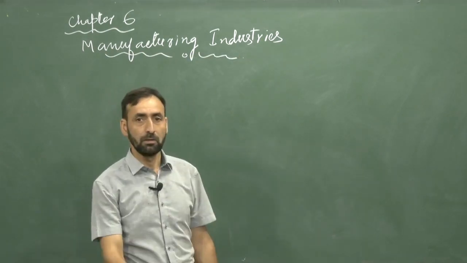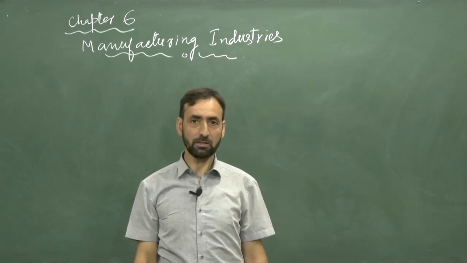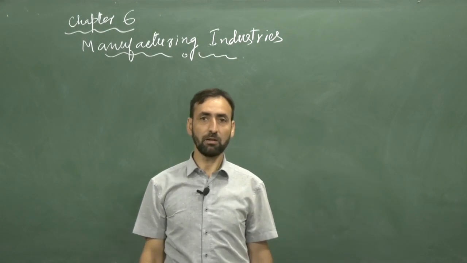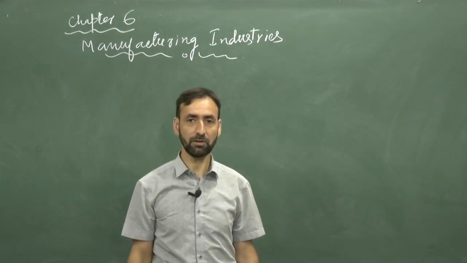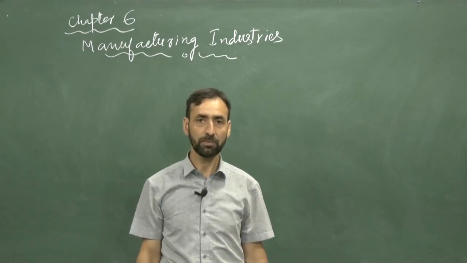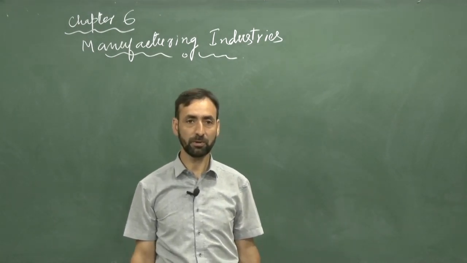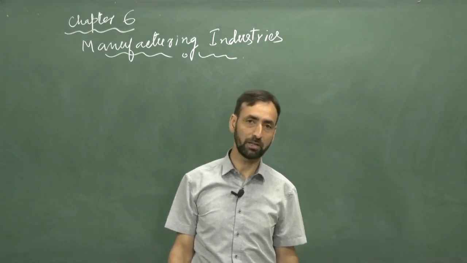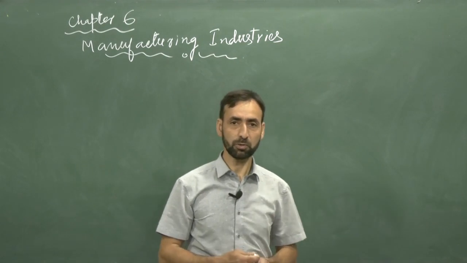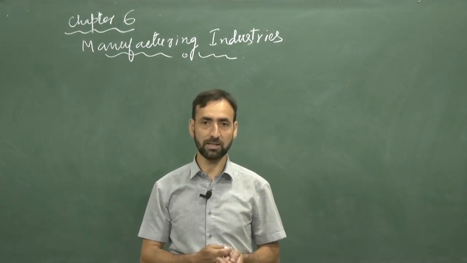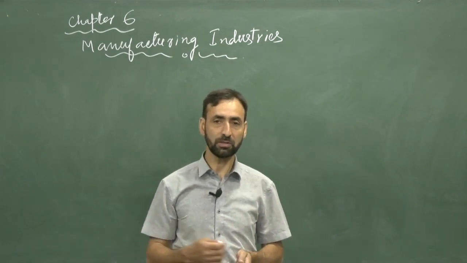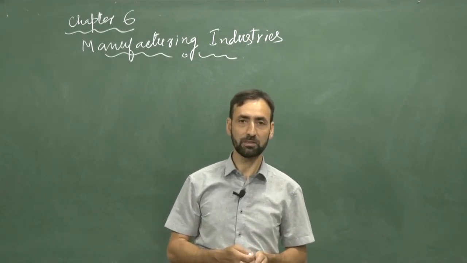First of all, we will discuss what manufacturing industries are. Manufacturing industries refers to the production of goods in large quantity after processing raw materials into more valuable goods. These are things which we obtain from sources like the agricultural sector or minerals extracted from the earth's crust.